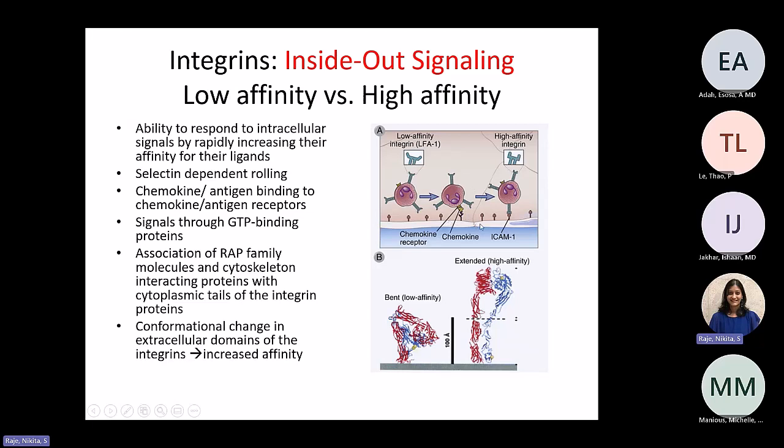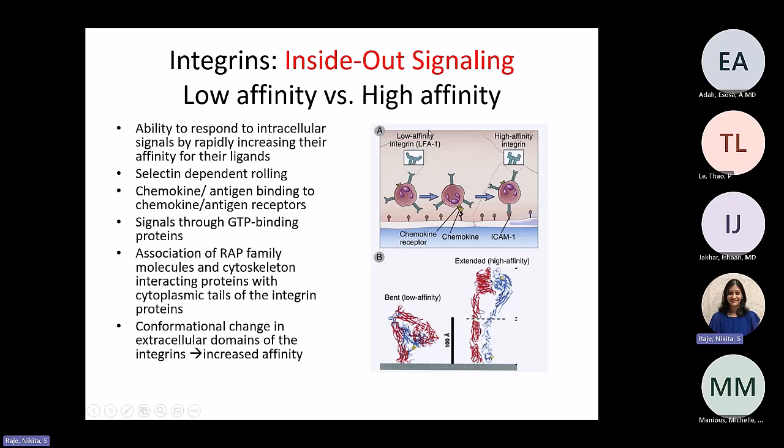When that interaction occurs, there is signaling through that GPCR. And when that happens, there is interaction with the integrins. So that signaling of chemokine and chemokine receptors leads to change in the integrin affinity.